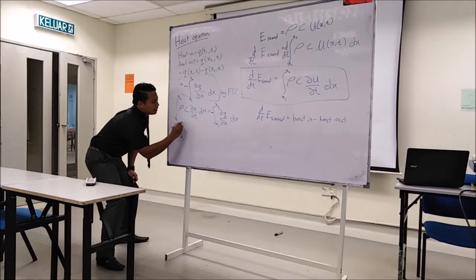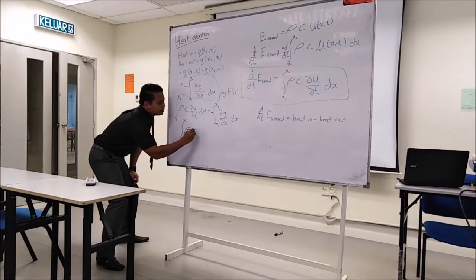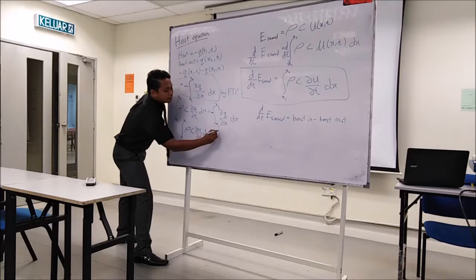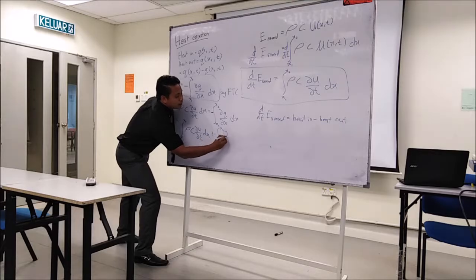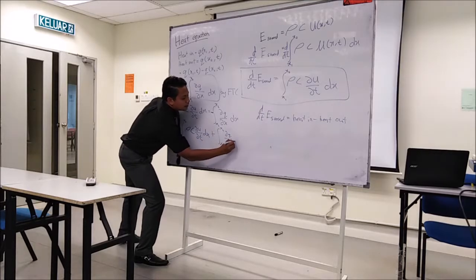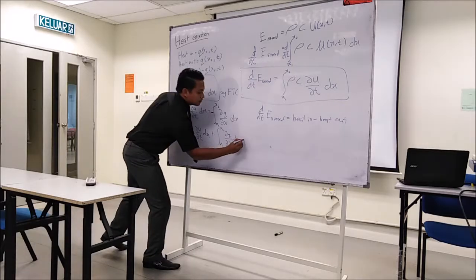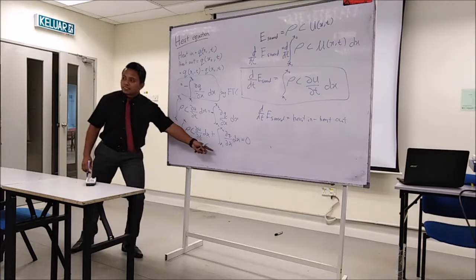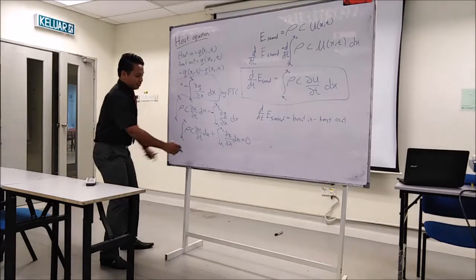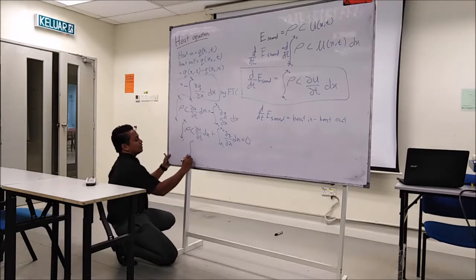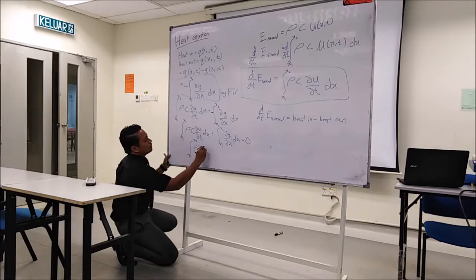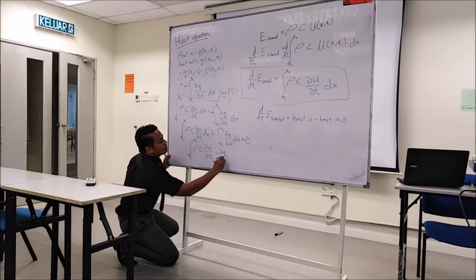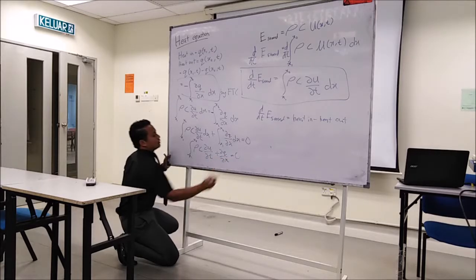So integral from x1 to x2 of rho C del U del T dx, plus integral from x1 to x2 of del Q del x dx equals 0. Very good. This is the same integration, so we combine together: integral from x1 to x2 of rho C del U del T plus del Q del x equals 0.